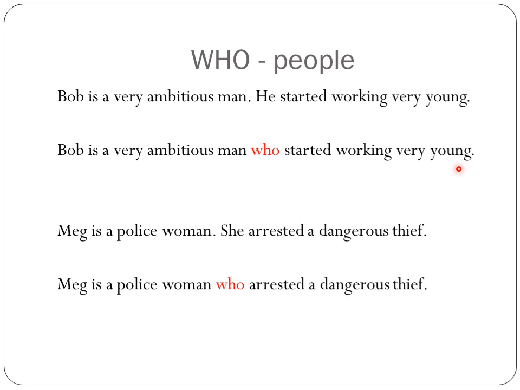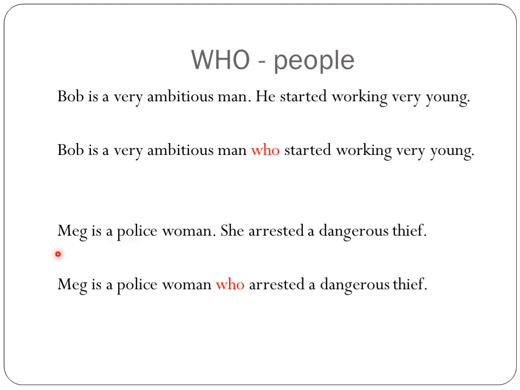The second example is: Meg is a policewoman. She arrested a dangerous thief. So again, let's link both sentences using who. The two sentences are talking about Meg. She refers to Meg.